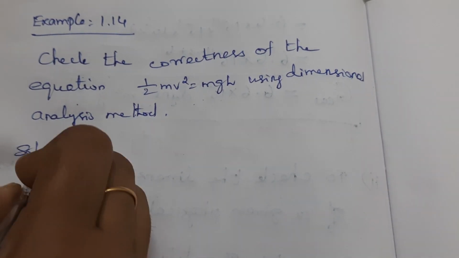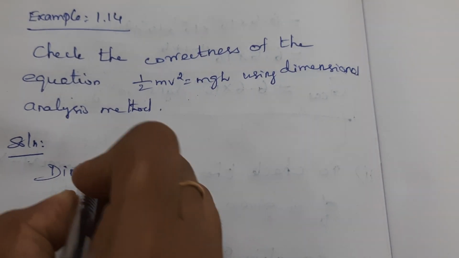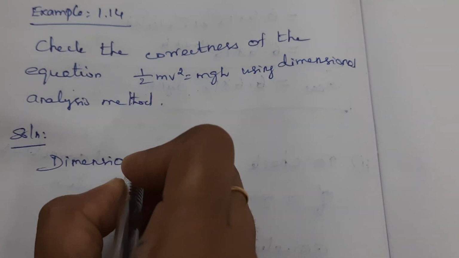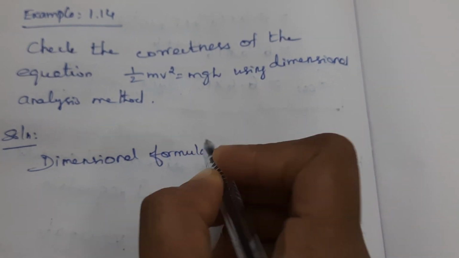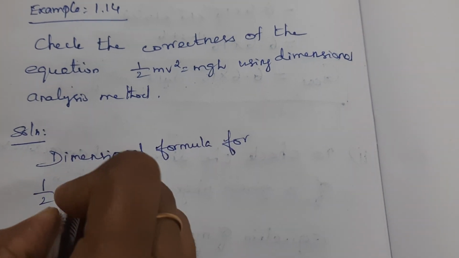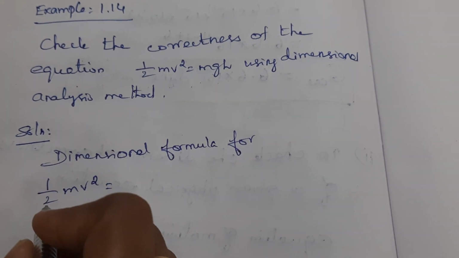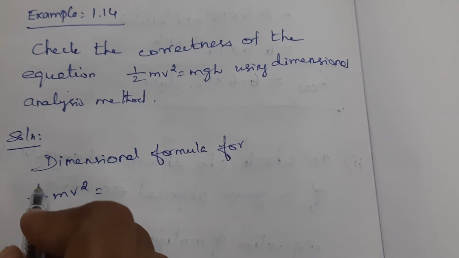Solution. First we should know the dimensional formula for half mv square. Half has no dimension.